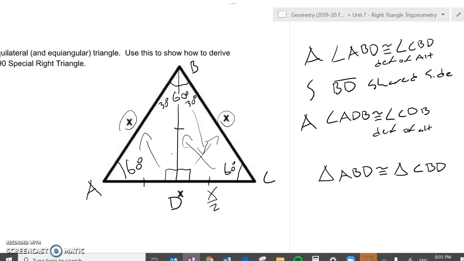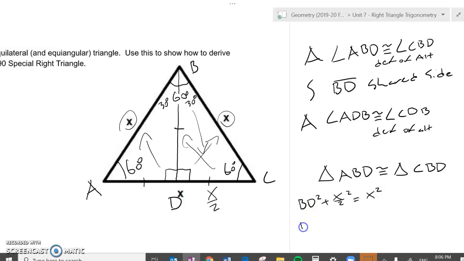So what I'm going to do here is use the Pythagorean theorem. We're just going to use the side BD. So BD squared plus x over 2 squared equals x squared.